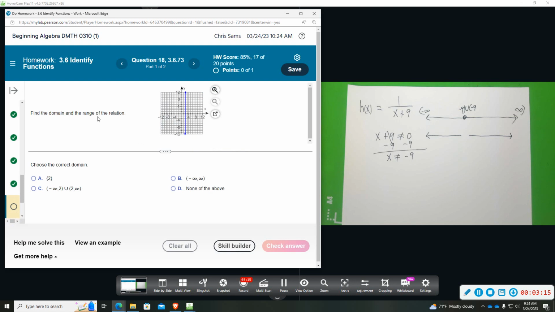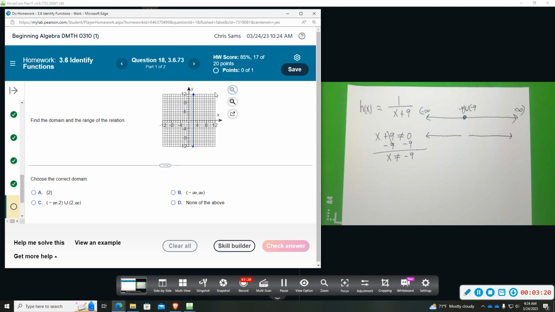Okay. With number 18, we also want to find domain and range. If I'm looking at this graph, left and right, there are no points that go left. It doesn't go to the right. It's just one line that goes straight up and down.